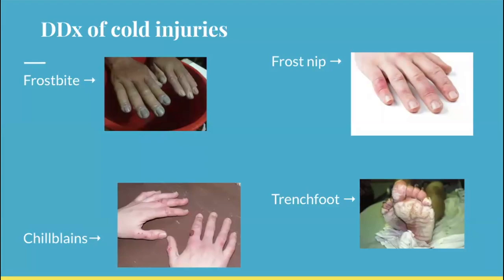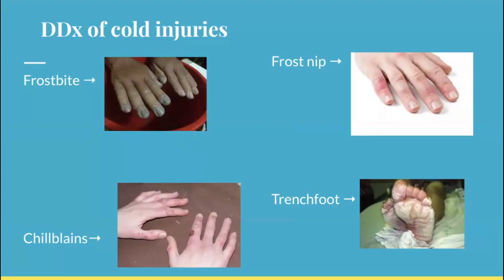And then at the bottom, I just included, just to review, two forms of non-freezing cold injuries. So the bottom left, you have chilblains, which is a localized inflammatory lesions like the ones you see in the picture. It can result from either acute or repetitive exposure to the cold. Important to note that symptoms typically resolve within weeks and that women are more likely to get this than men.